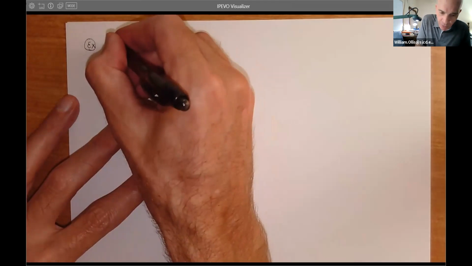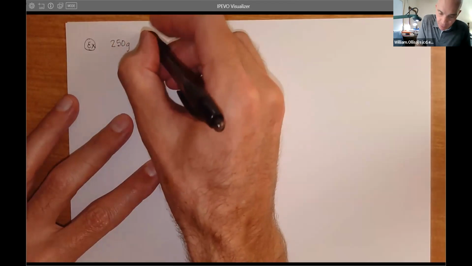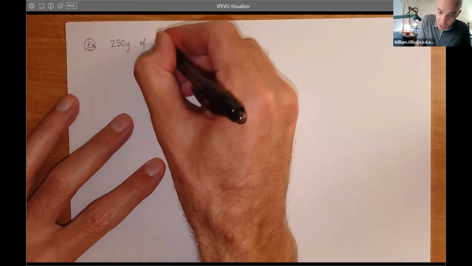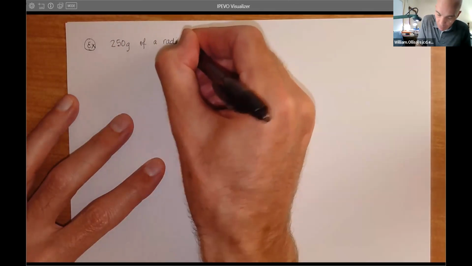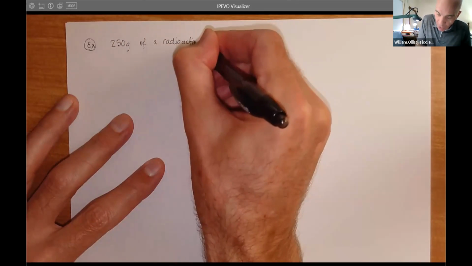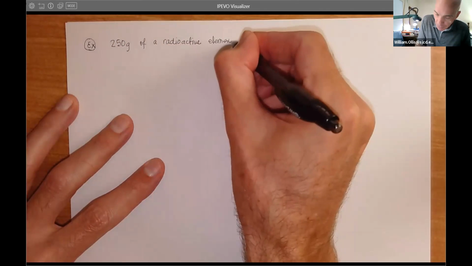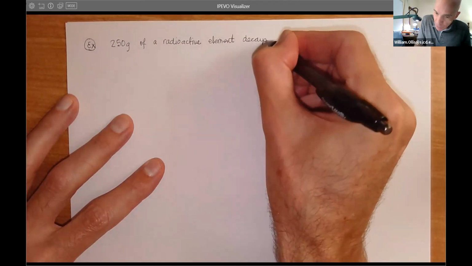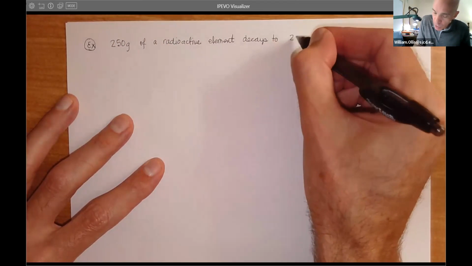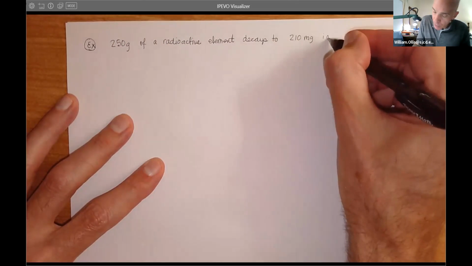So now what we're given is 250 grams of a radioactive element decays to 210 milligrams in 12 hours.